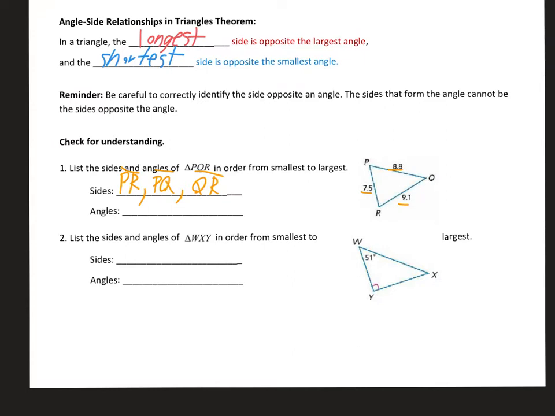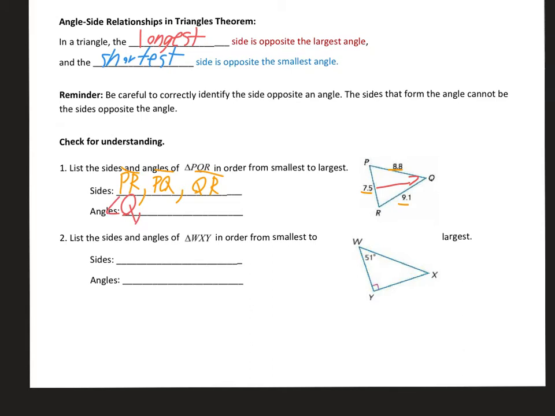But we don't immediately know the measurements of the angles. But here's the thing, we don't care, because we can simply look at the sides and their opposite angles to identify which angle is going to be the smallest, because the smallest angle will be opposite the shortest side. The shortest side is PR, which means that the shortest angle is going to be angle Q.